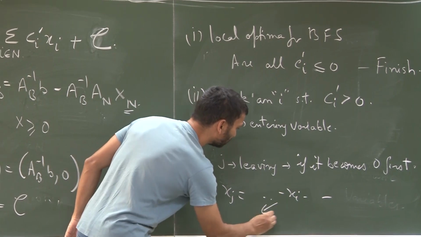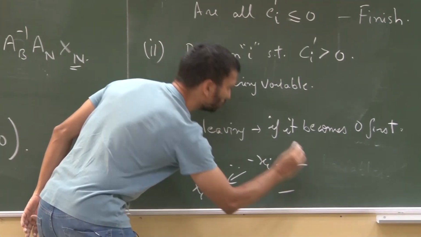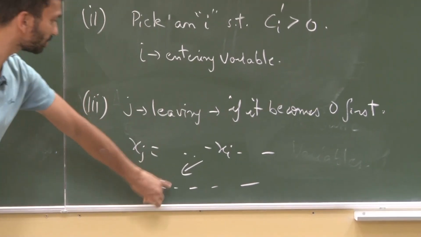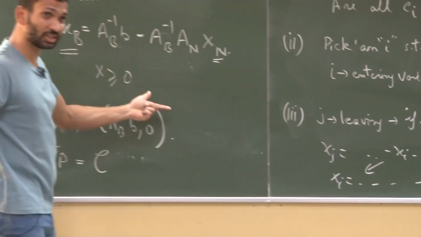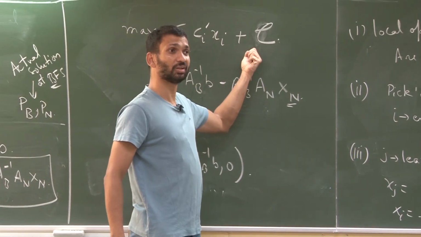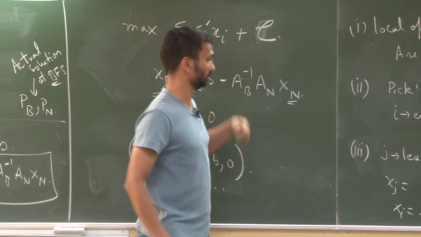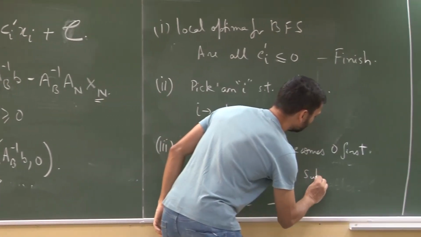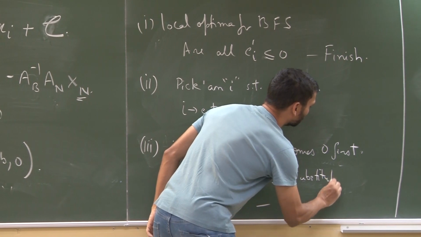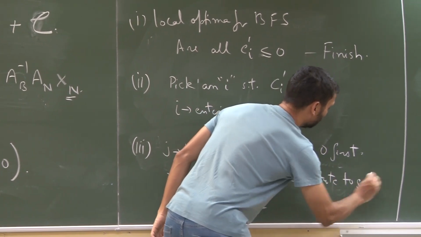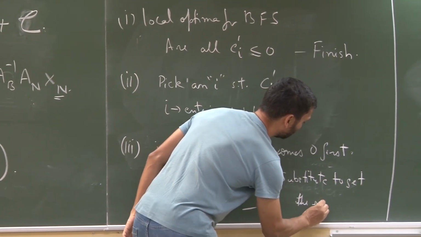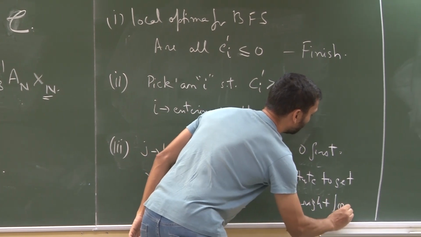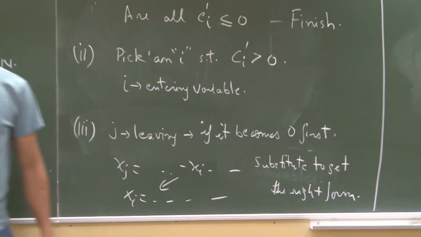Just convert this into xi equal to, and now this is a substitution which you will make in every other equation as well as the objective function, to get the right form.